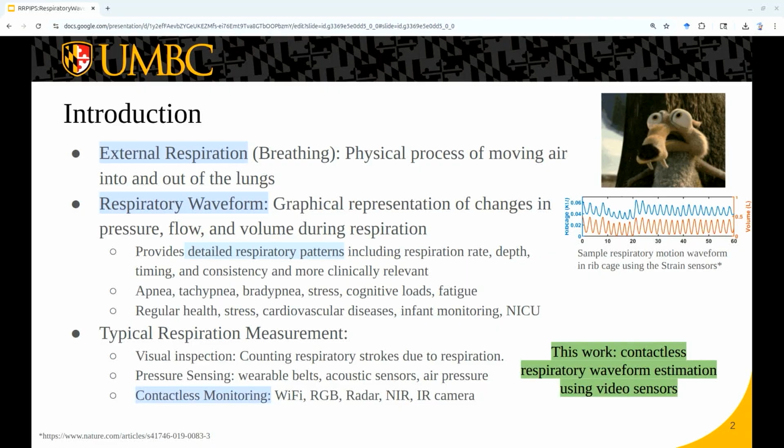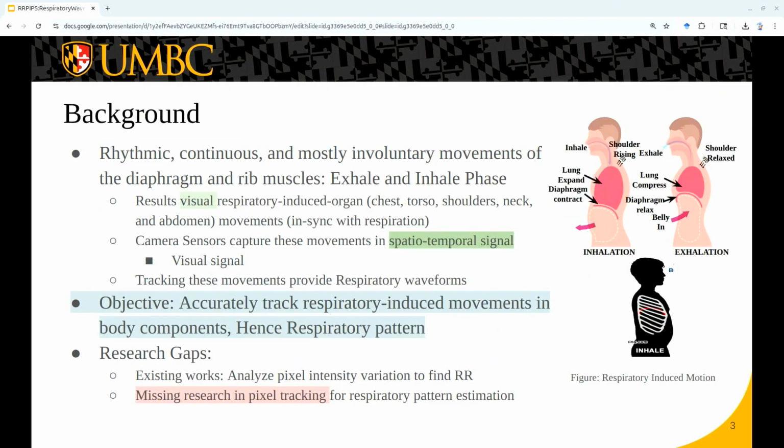Our work particularly focuses on estimating respiratory rate using video cameras. Respiratory drive, the rhythmic, involuntary diaphragm and rib movement, causes micro movements at the pixel level. During inhalation and exhalation, this process is reversed, causing an oscillatory movement.